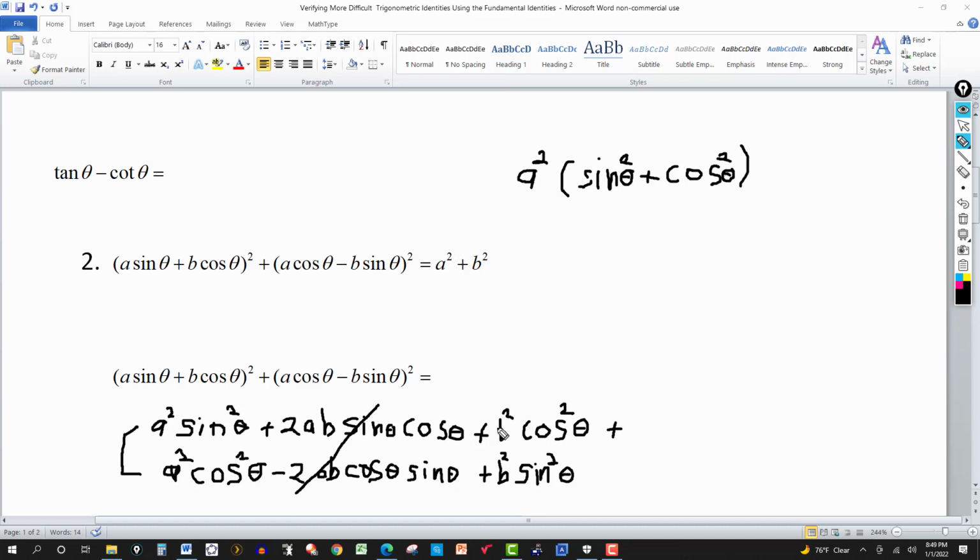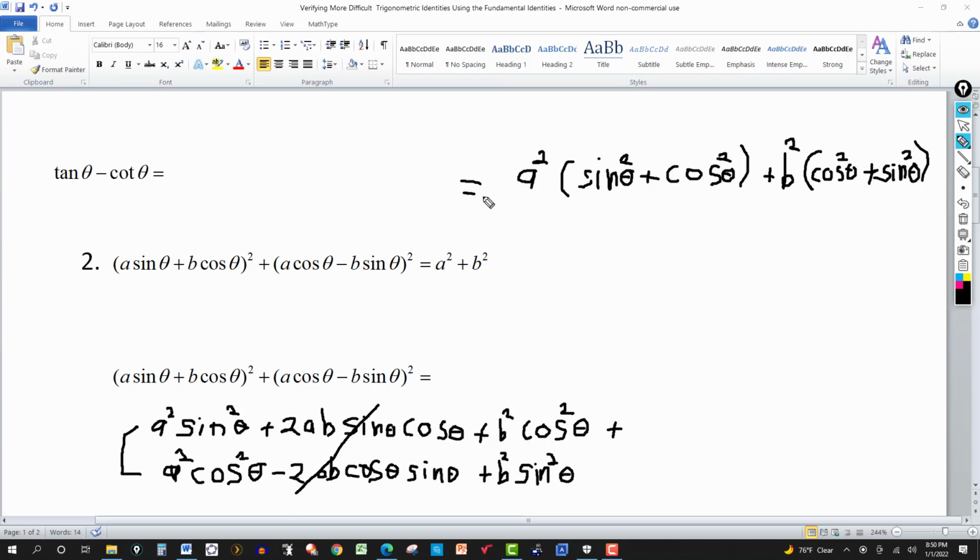Okay, then the only two terms we have left are b squared cosine squared theta, b squared sine squared theta. So I'm going to factor out the b squared from these two terms. And that'll leave me with cosine squared theta plus sine squared theta. And then this follows from that last step, so this is equal to this.